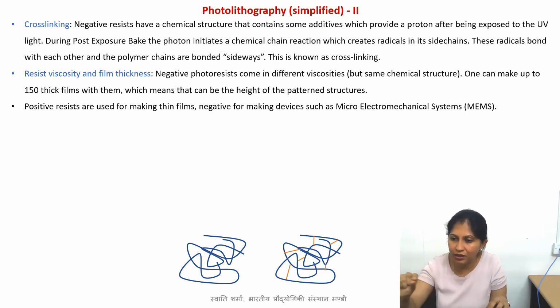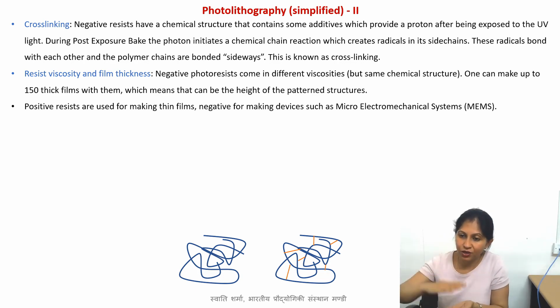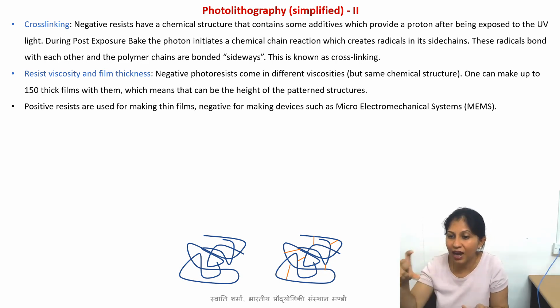Those are very thin, more 2D structures, but with negative resists you can make 2.5D structures, higher structures where you have the 2D structure, but the height is a measurable height. You can control the height.